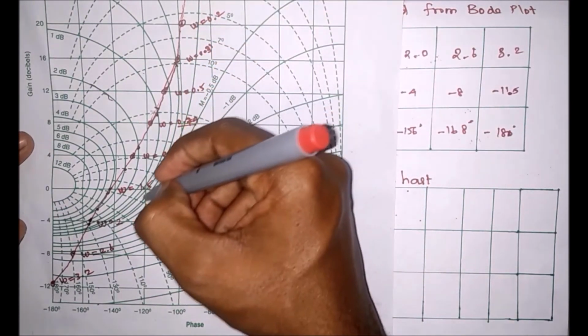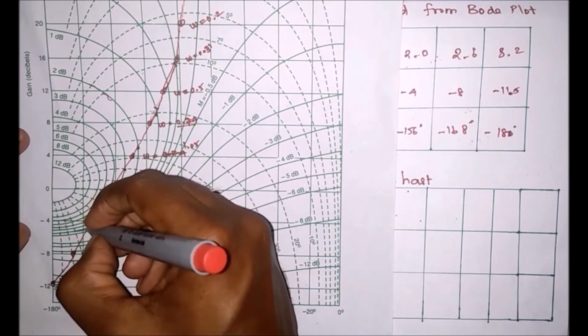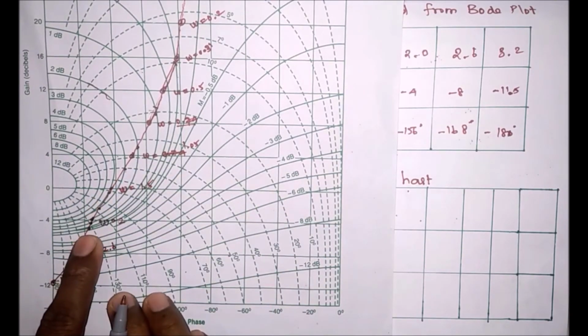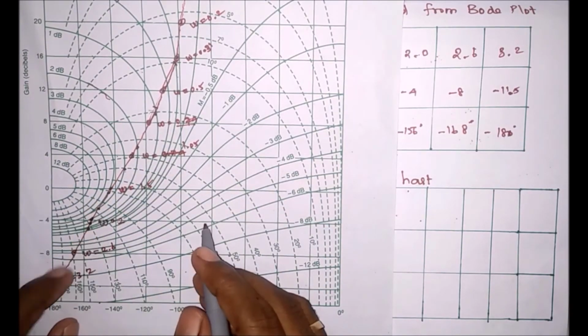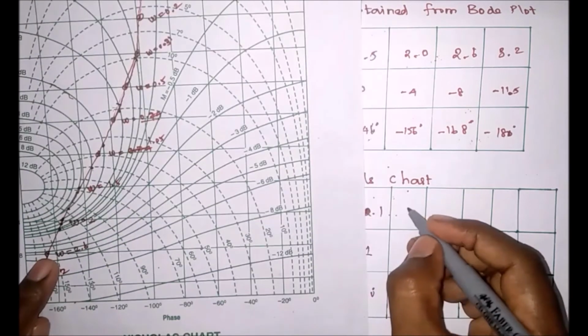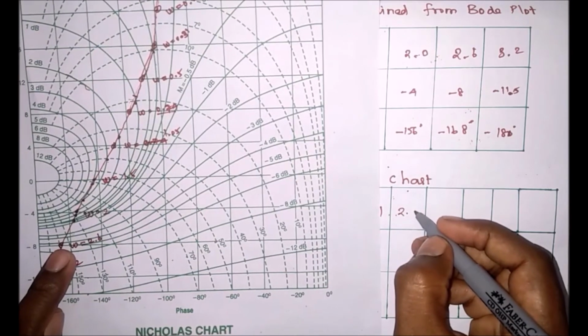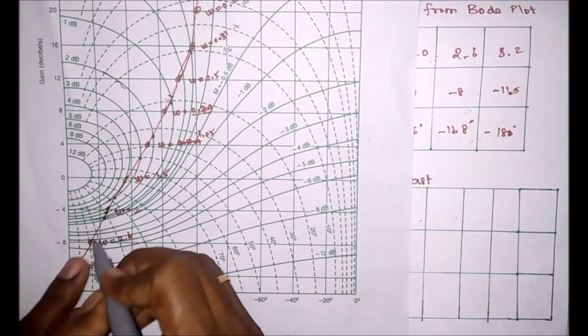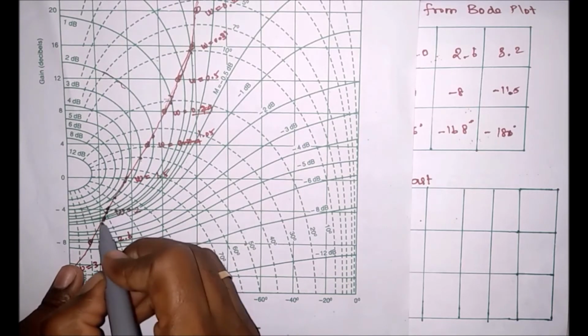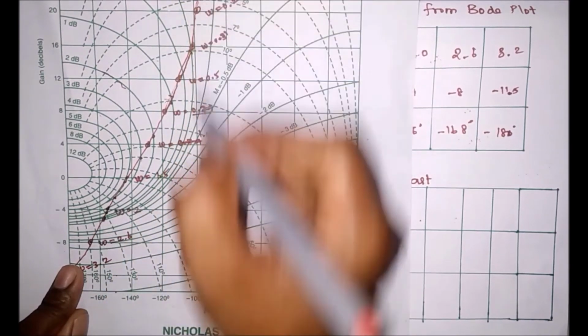Similarly, now next, this is the 0 decibel line. Actually it is coming and it will cut at this point. So now the corresponding omega, this is 2.6, this is 2, it means it is 2.1. So this is again at 0, it is 2, it is 2.6. It means this is the point where it exactly indicates the 0 decibel.